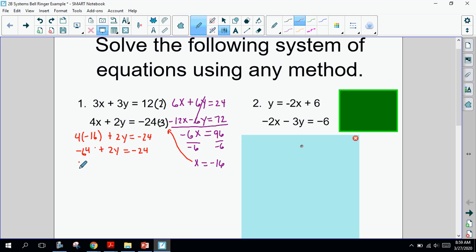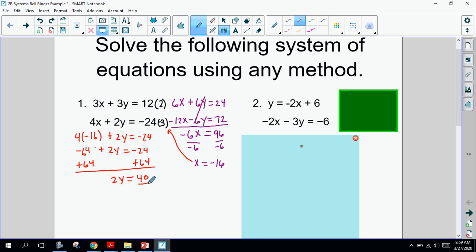To solve this, I'm going to add the 64 to both sides. And as I add that 64 to both sides, I've got the 2y left here on the left side. Negative 24 and positive 64 makes this equal to 40.